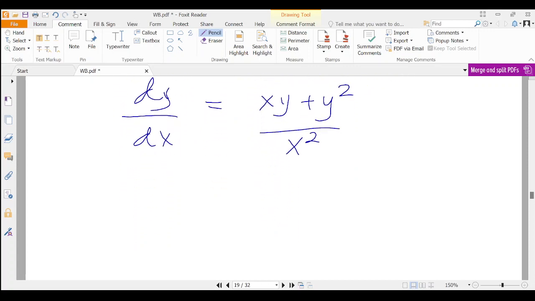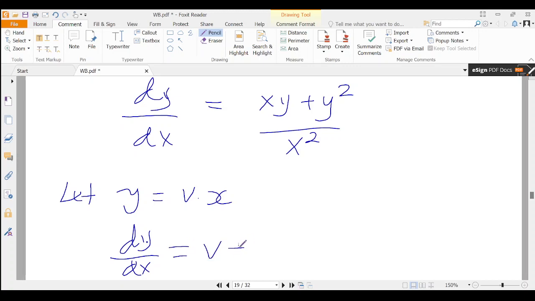Once we establish that, we let y be equal to v times x. So meaning that dy/dx will be equal to v plus x dv/dx.